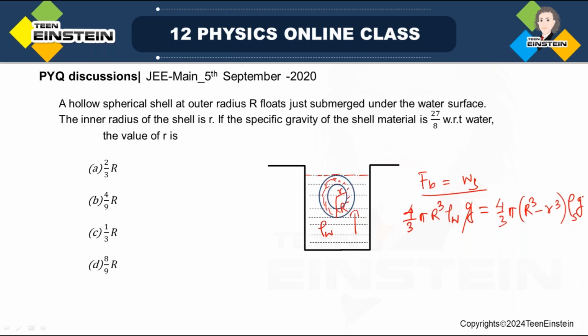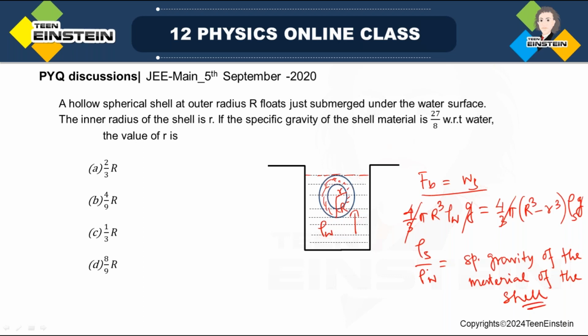So g we can strike out from both sides. 4 by 3 pi I can strike out. Now what is given is this rho s by rho w. This is the specific gravity of the material of the cell.